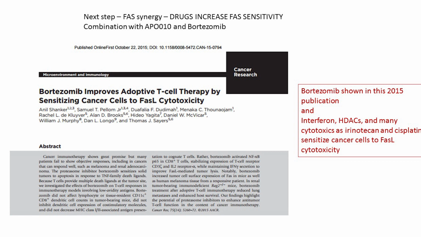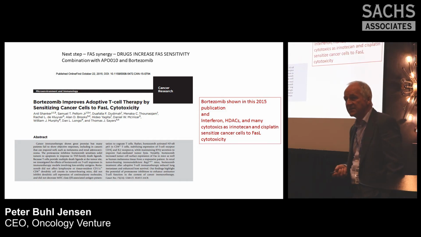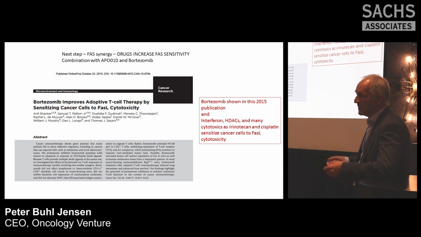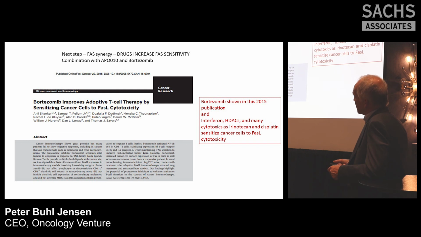There are a lot of drugs out there that actually increase Fas sensitivity. So we've seen it with bortezomib, which would be a good product in multiple myeloma. Of course, this is Velcade, and other proteasome inhibitors could go in, but also interferon, HDACs, and many cytotoxics: irinotecan, cisplatin, gemcitabine.